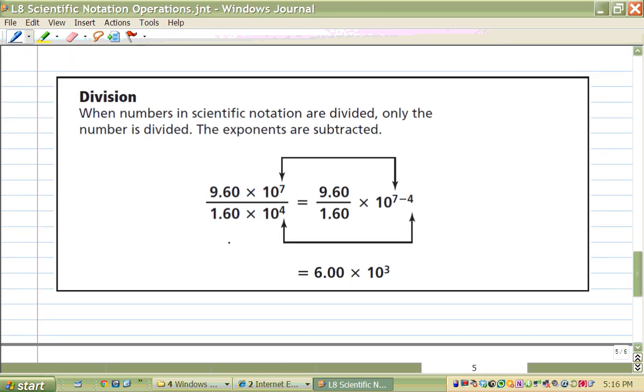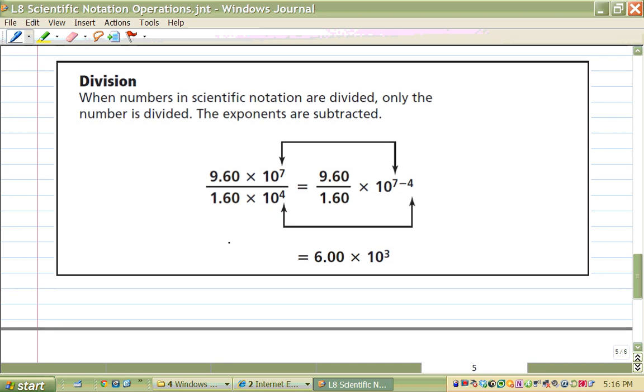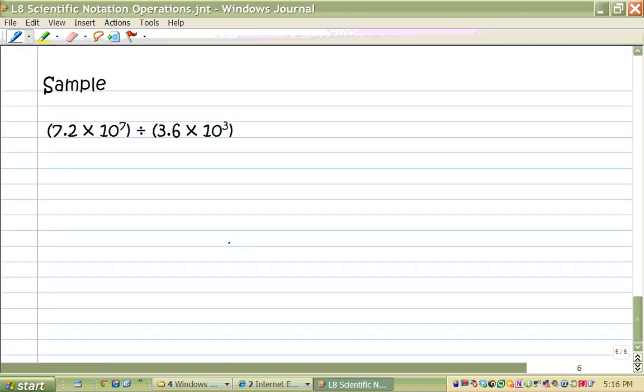Division. I like division. Again, guys, it's following your rules. So you divide the numbers, and then you have the same bases, so you subtract their exponents. So I would have 9.6 divided by 1.6, and then 10 to the 7 minus 4. Let's try a sample. Here, for this sample problem, I have 7.2 times 10 to the 7th divided by 3.6 times 10 to the 3rd.